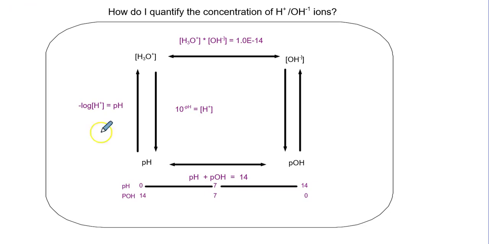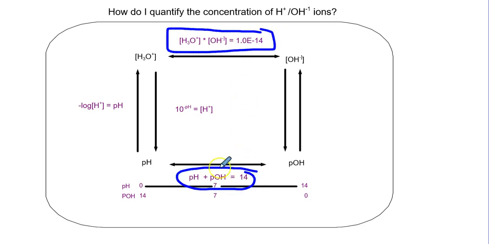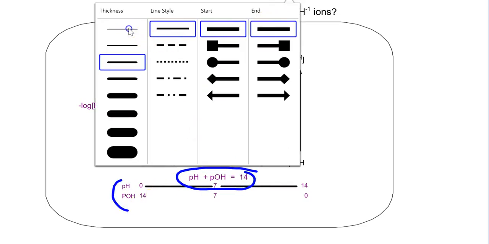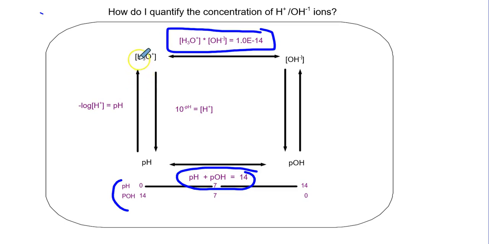Now on this one right here, we have a couple of formulas. This one we already wrote down, and of course here's our little pOH scale. But what about this new one over here, to go from concentration of H plus ions to pH, or back?